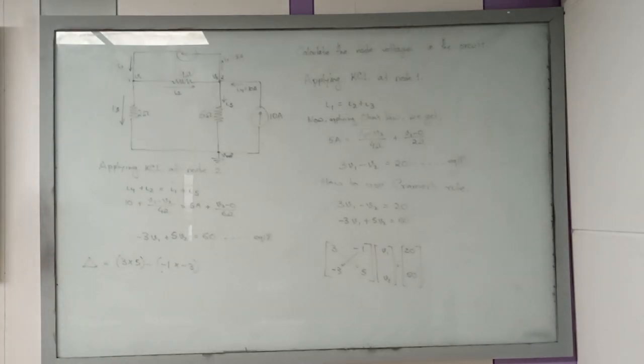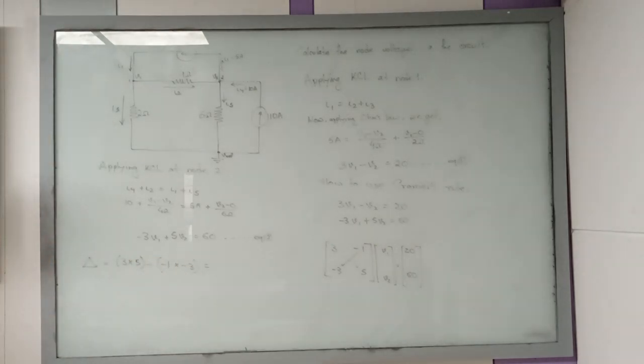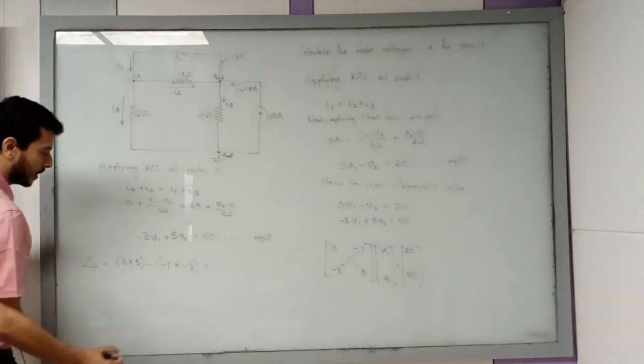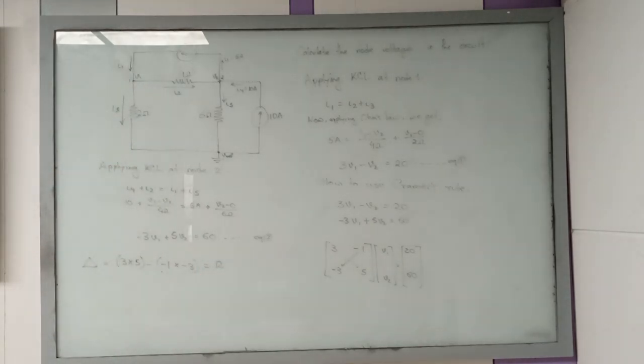Okay, এই ভ্যালুটা আসে 15 minus 3, 12, তাই না? Your determinant is 12.